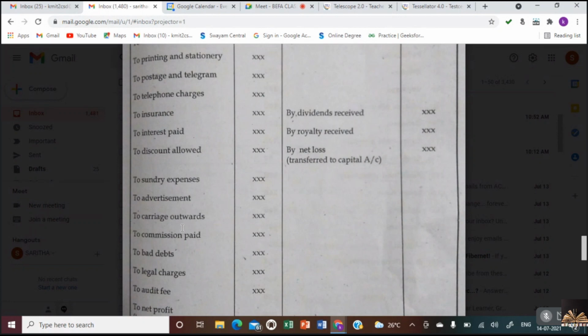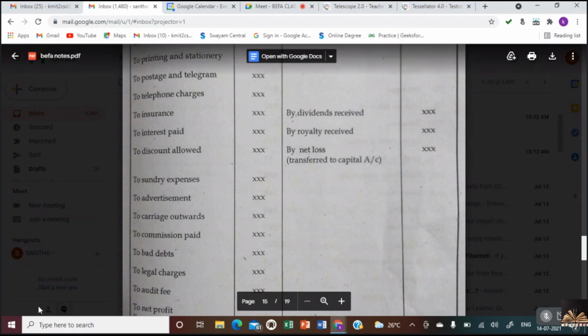So when we send the goods outside, we have transport expenses. That is known as carriage outwards. Always remember, carriage inwards comes in the trading account when goods come inside our factory. Goods means nothing but purchases. And carriage outwards are for the sales when goods are going out of the factory. So inwards means trading account, outwards means profit and loss account.